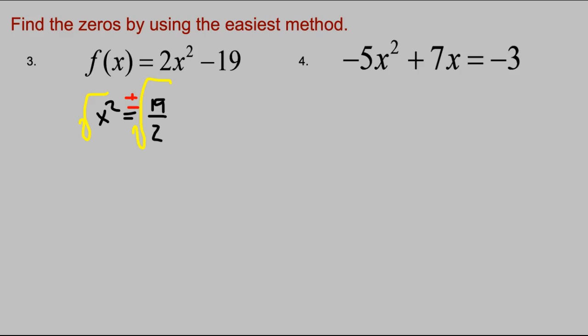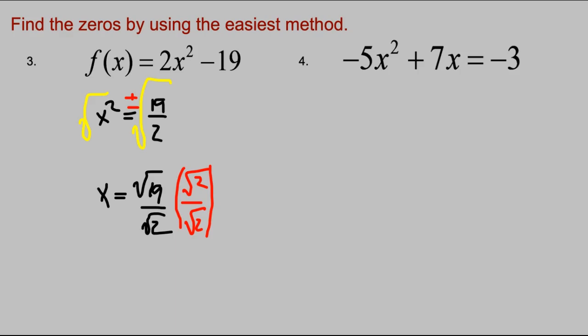And in this case, square root of 19 over 2, that's going to be the same as, after you rationalize the denominator, the square root of 19 over square root of 2. But we can't have a square root in our denominator, so we have to do the old rationalizing the denominator. So multiply by root 2 over root 2.